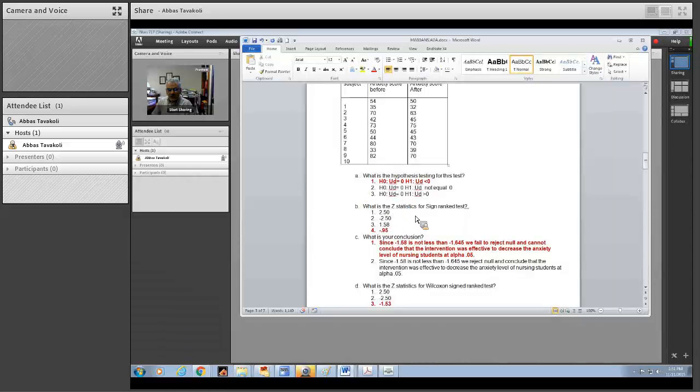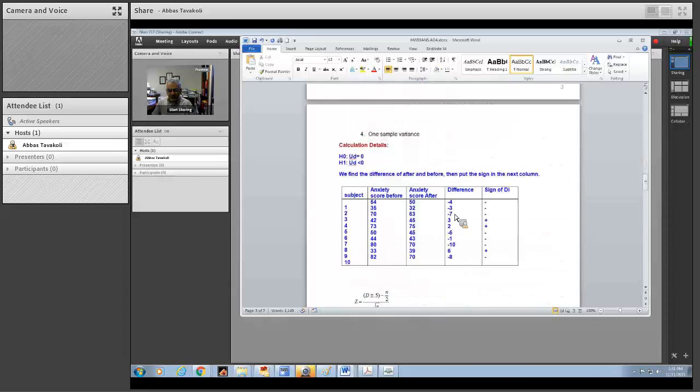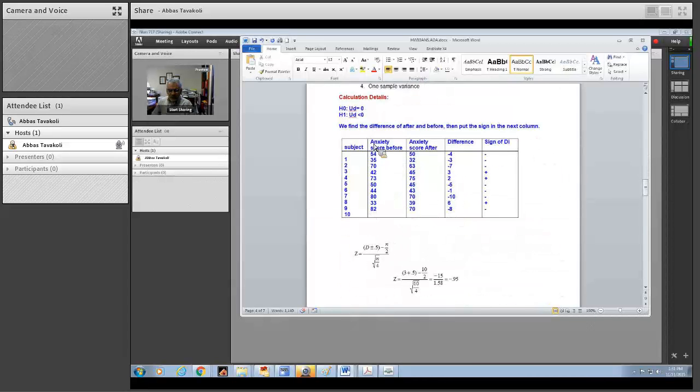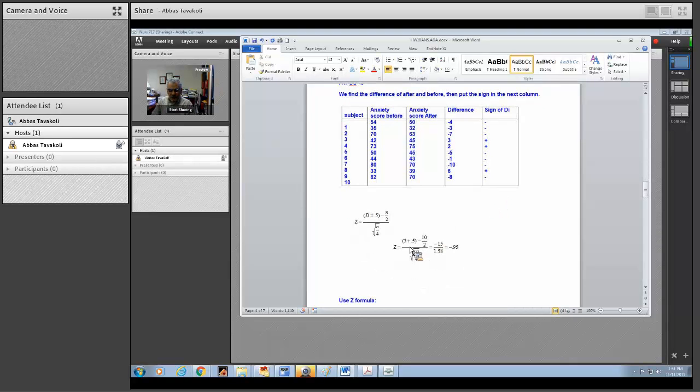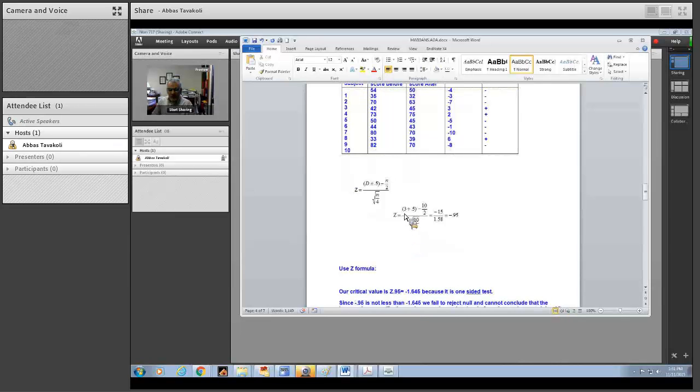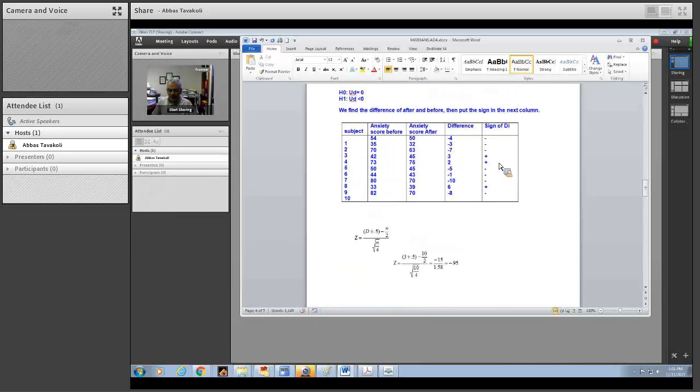Now, what is the Z statistic for the sign test? Here, you create a difference between post and pre, put the difference value here, and then put the sign here. So we have 7 negative and 3 positive. Then you use the Z statistic: if your D is less than n over 2, which is 10 over 2, then you use the plus sign.